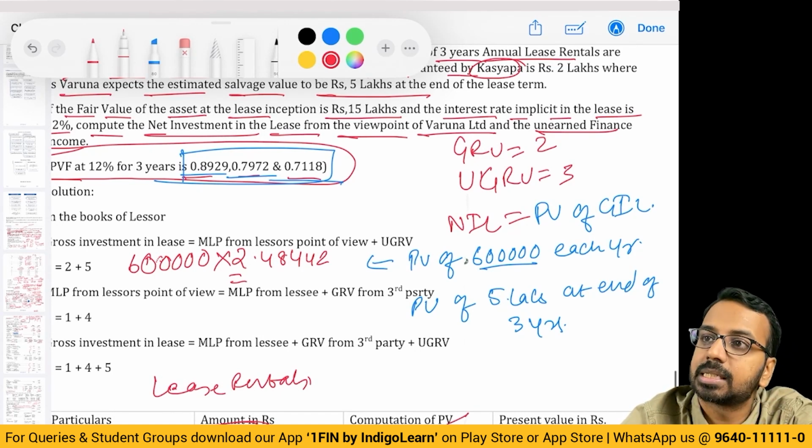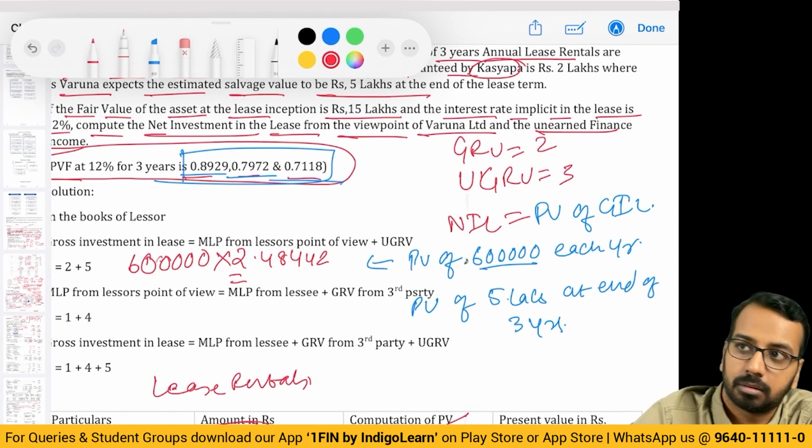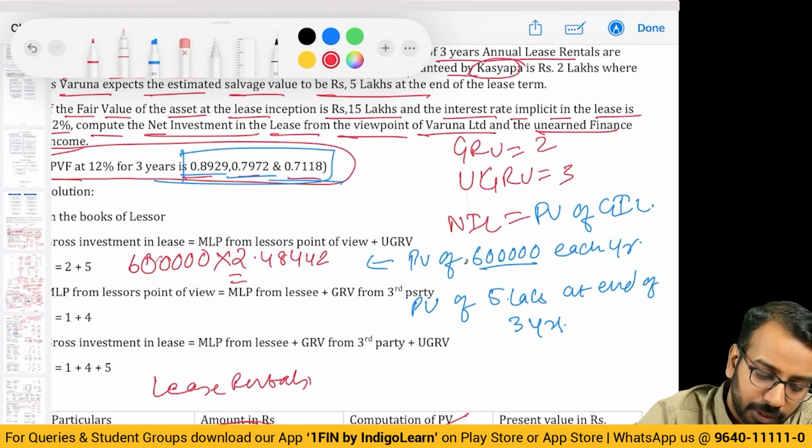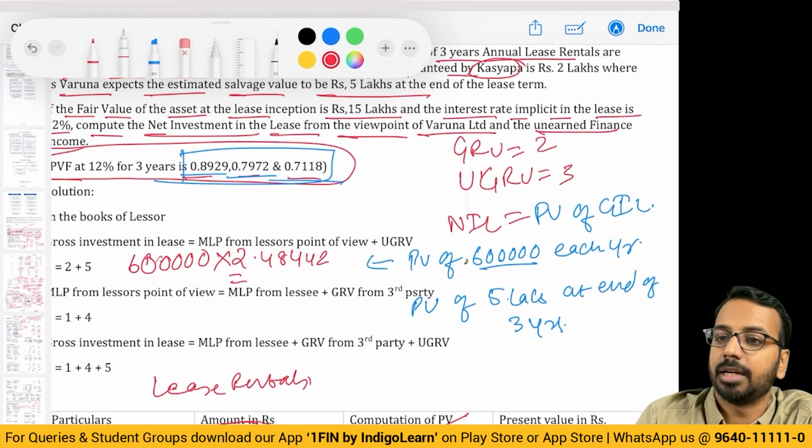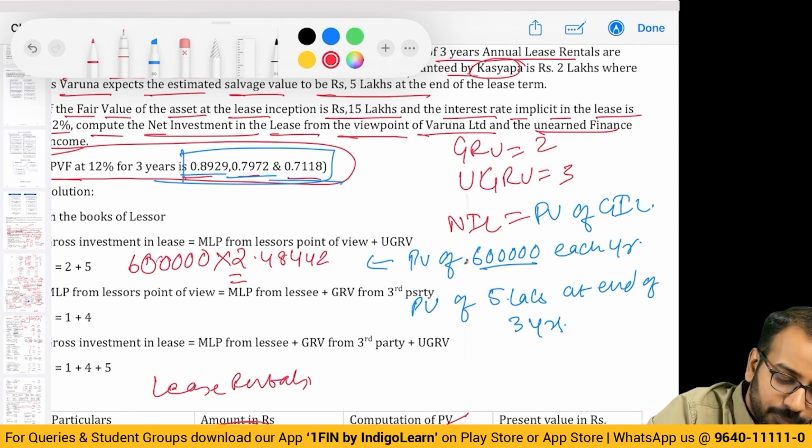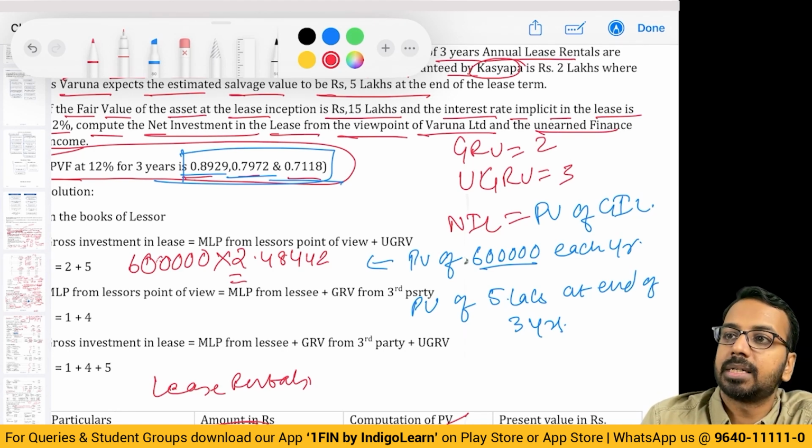Okay, I think I made a mistake there. I took 8792. So there is a mistake in my calculation. Just a second. 0.8929 plus 0.7972.